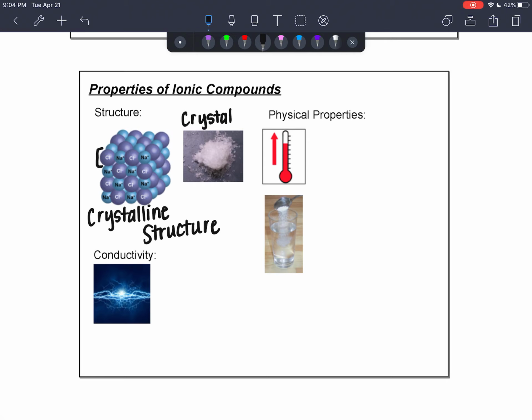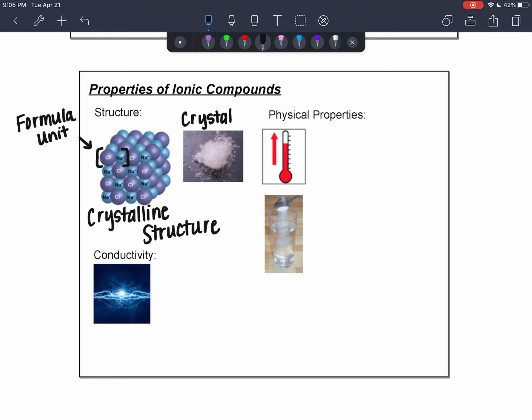In this case, my repeating pattern is chlorine, sodium, that alternating pattern, chlorine, sodium, chlorine, sodium, chlorine, sodium. This repeating pattern that we see making up this crystalline structure is called a formula unit. So ionic compounds aren't made of molecules, they're made of formula units.